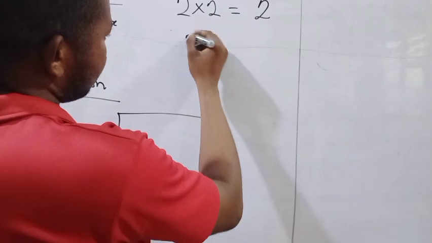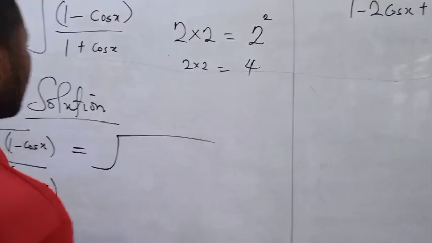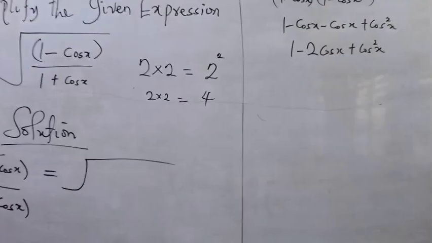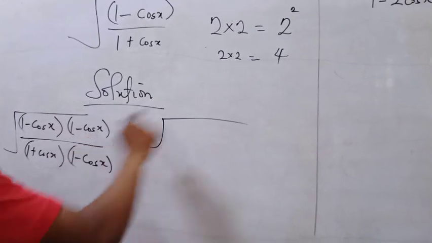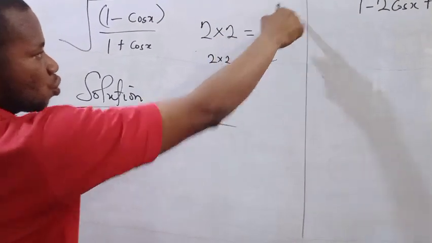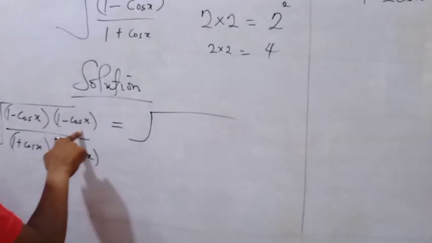So now, instead of writing this multiplied by this is equal to this, I will say this multiplied by this is equal to this squared, just as 2 multiplied by 2 is 2 squared.